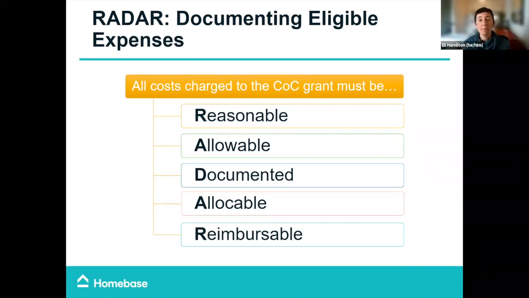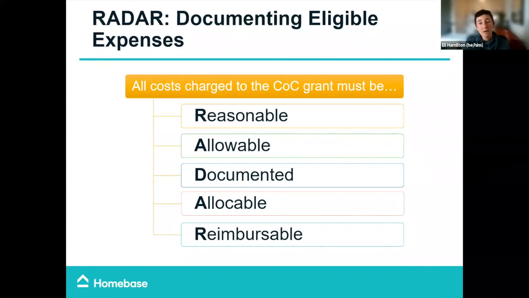It has to be allowable, meaning that it has to be one of the costs that the CoC program interim rule lays out for this program. So it has to be eligible or allowable. And another component of allowable is it has to benefit a participant that's enrolled in this program. So you can't spend your CoC grant funding on a client that's not enrolled in your CoC grant program. And you can't spend it on ineligible costs.